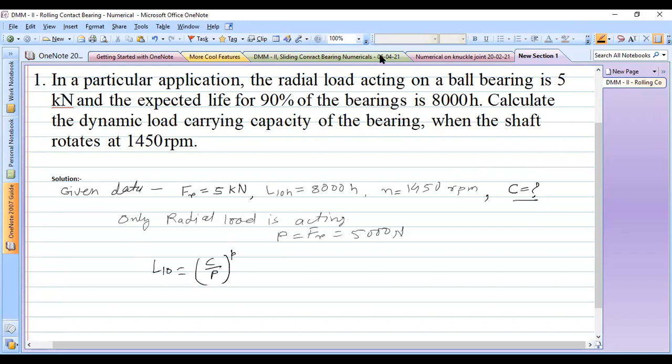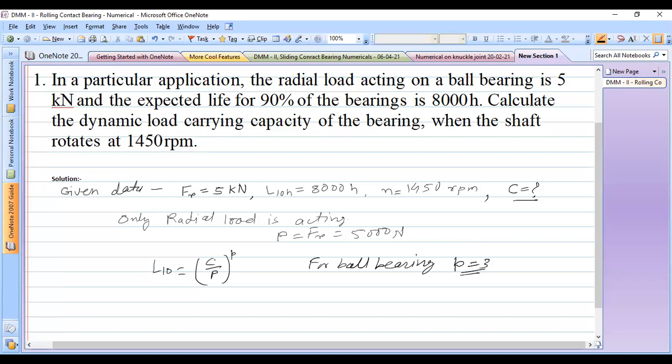Now, small p equals how much here? 3. Why? Because it is given a ball bearing. So for ball bearing small p is equal to 3.